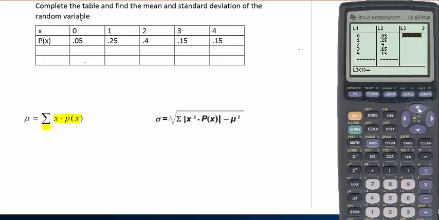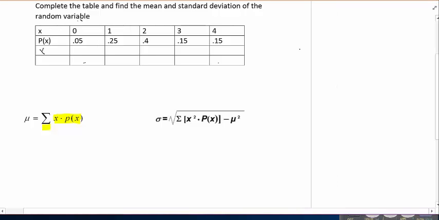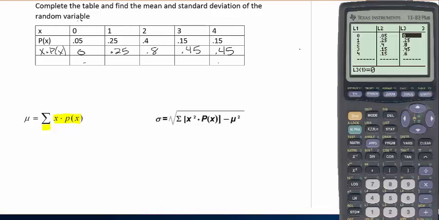So I go to list 3, and I want list 3 to be list 1 times list 2. And I can see the little yellow L2 and the little yellow L1. So basically I hit second 1 times second 2. So now I'm going to write into my table the x values times their probabilities in row 3.